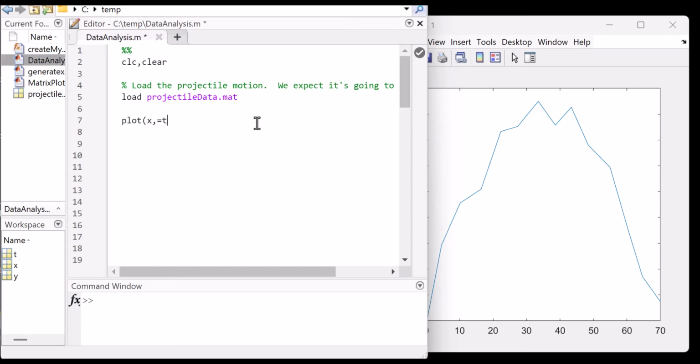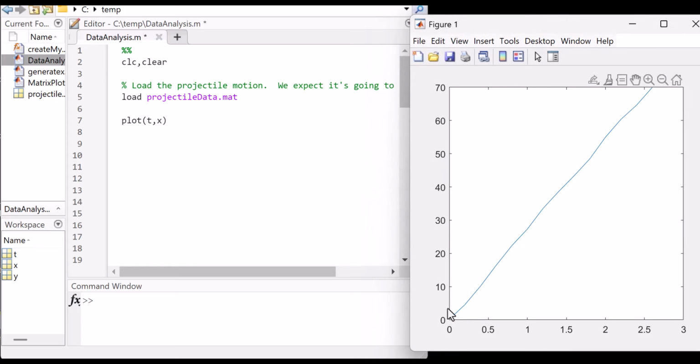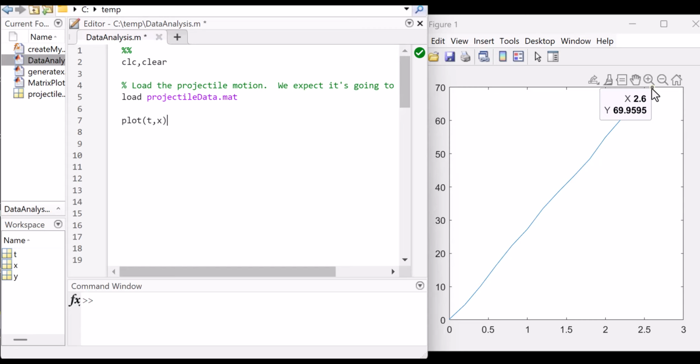x and t, so t goes across. t is the independent variable, x is the dependent variable. As time passes, it moves away from you. Duh. As time passes, it moves away from you, and it gets to a position of about 70 at about 2.5 seconds.